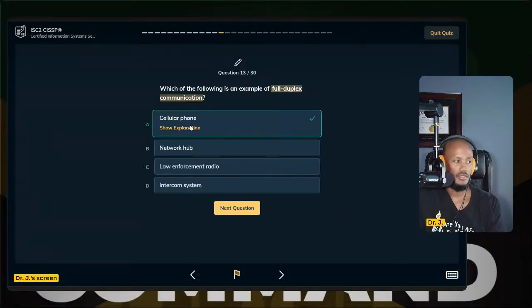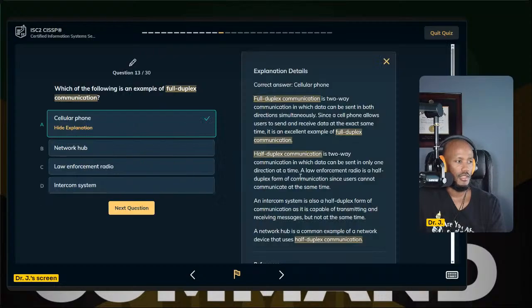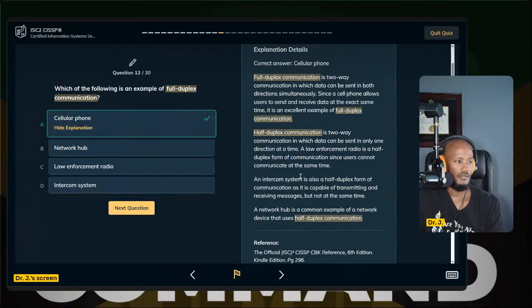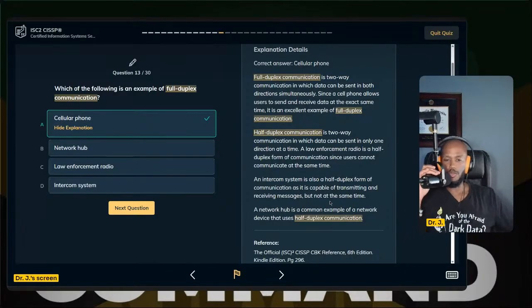A network hub is an example of a network device that uses half duplex communications, but I'm trying to think of an example of that.